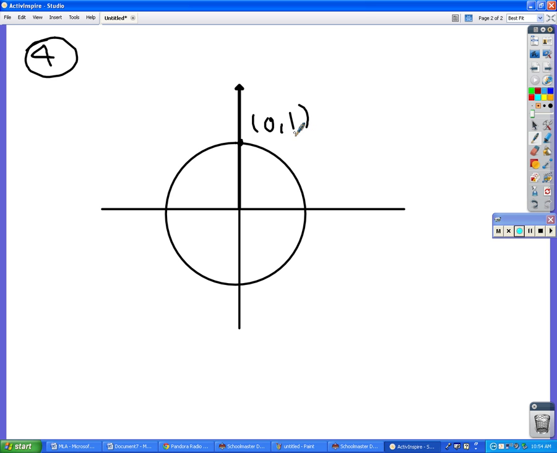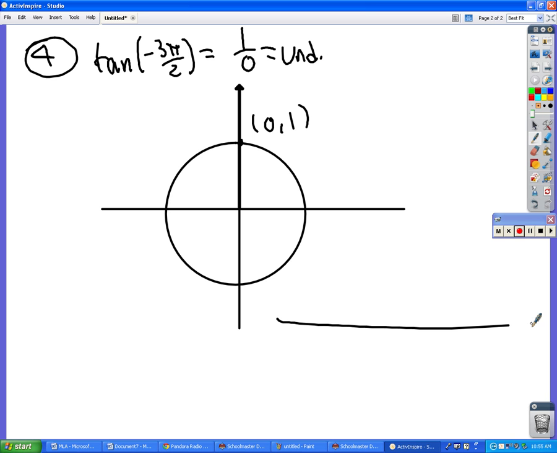And so if you try to go y over x on that, you get 1 over 0, which is undefined. If you think about the graphs of the tangent function we've been doing, there is an asymptote at pi over 2, and also an asymptote at 3 pi over 2, because the function is undefined at that value. Okay?